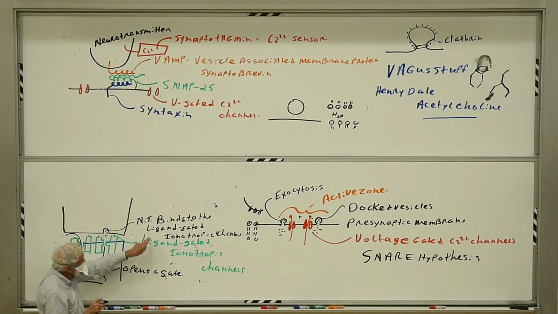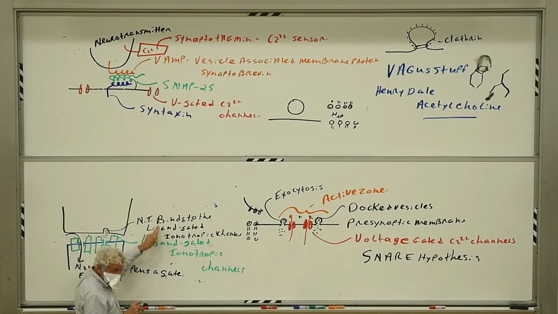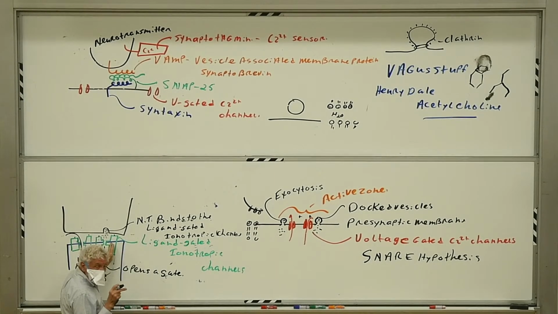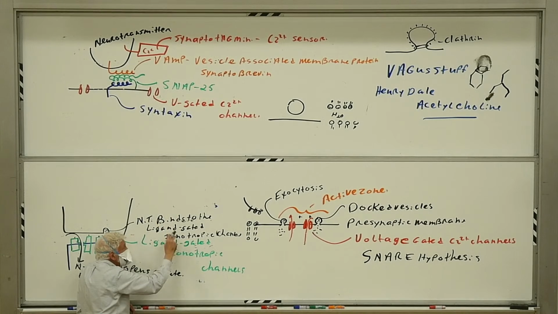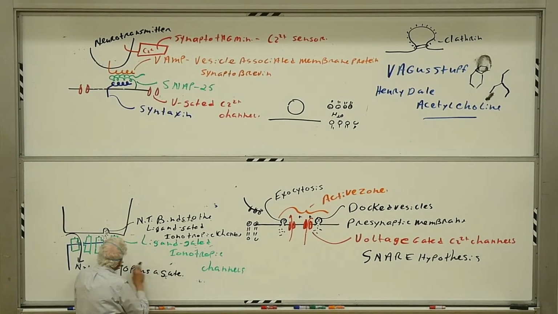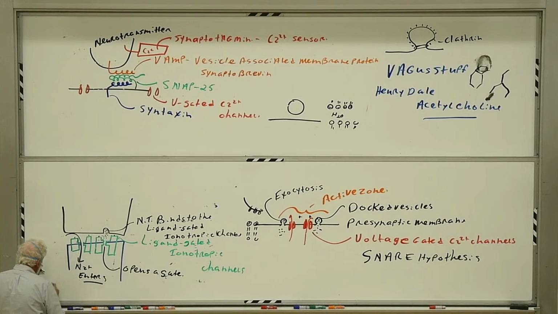That tells us that the gate is opened by the neurotransmitter, the ligand. Ligand simply means to bind or to tie. And so the ligand is the neurotransmitter. It binds to the receptor. The binding of the ligand to the receptor opens a channel which allows ions to move. So it's this name, ligand ionotropic channel. The ions in this case that are coming in are sodium. They're positively charged. So this is going to be excitatory.